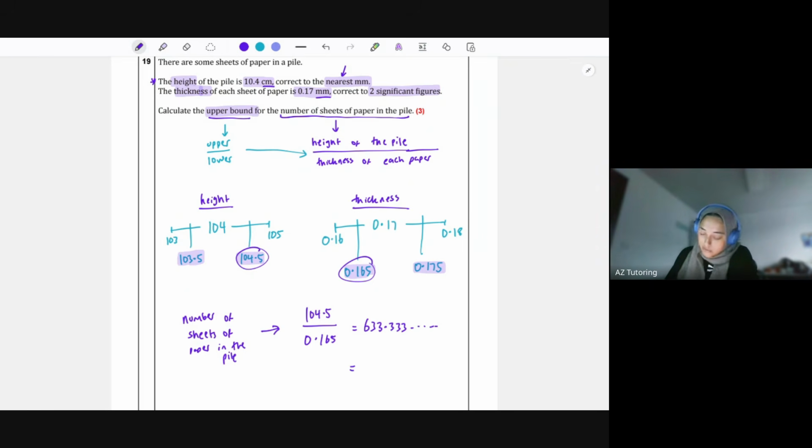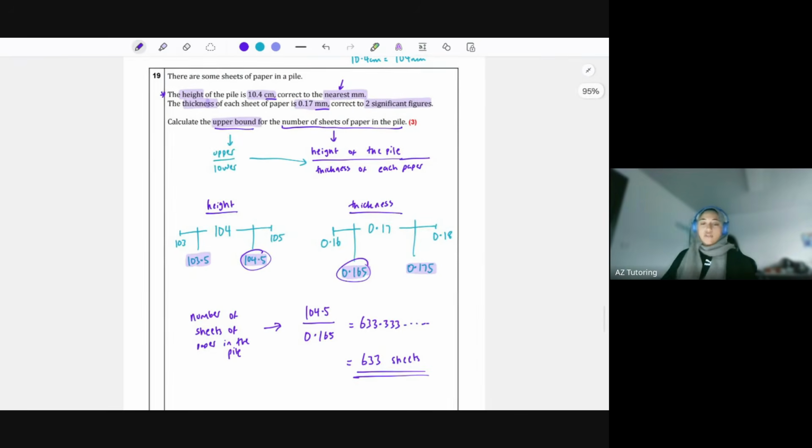So what I'm going to do is I'm just going to say that 633 sheets of paper in the pile, because you wouldn't round up because you've not got another full paper. So you just say we've got 633 sheets of paper. That's the maximum amount we can have. That's the upper bound. So that's for 3 marks, question 19.